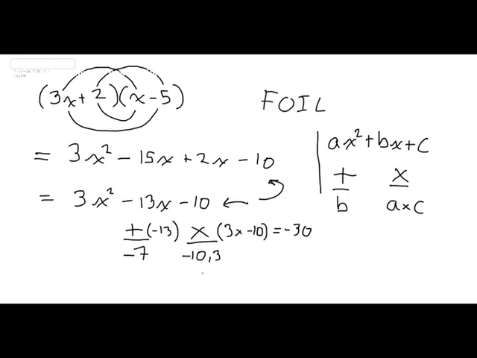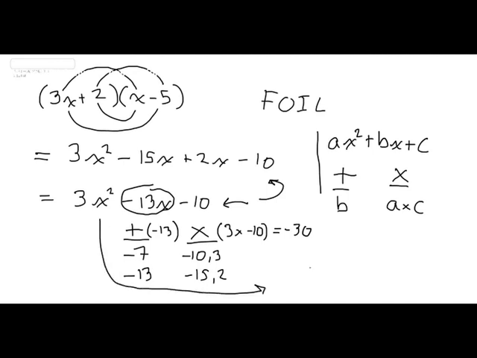Well, what's another pair that multiplies to make negative 30? Well, for instance, I can do negative 15 and positive 2. Adding these together gives my desired value of negative 13. Now here's where the big trick comes in. What we're going to do is break up our b value of negative 13x to be negative 15x and 2x.